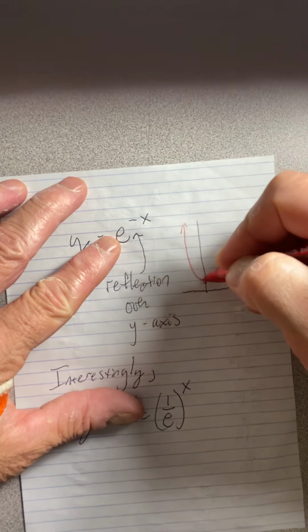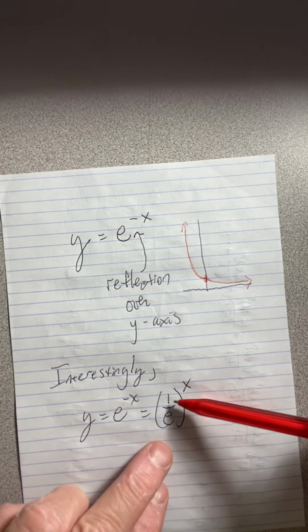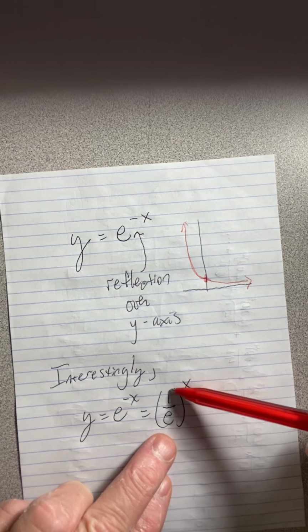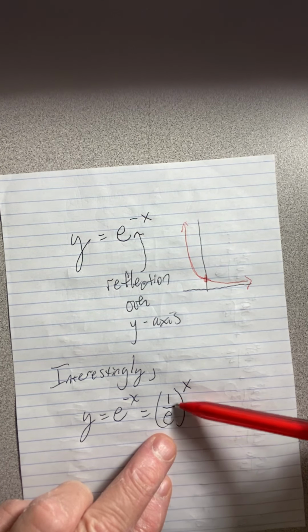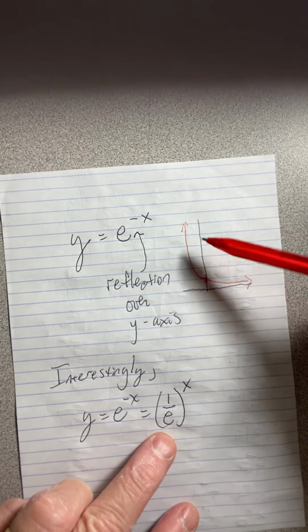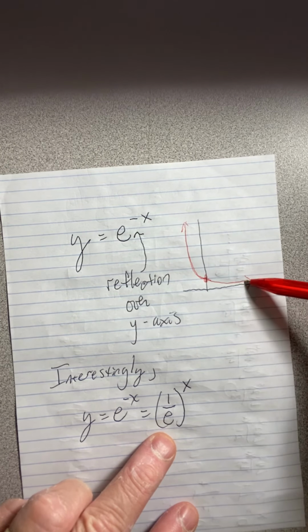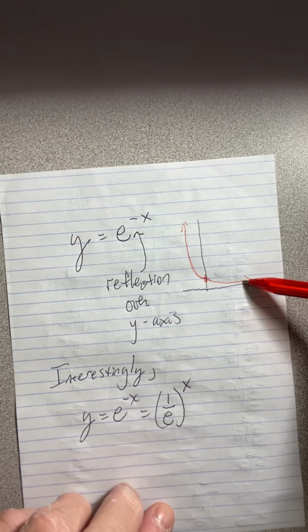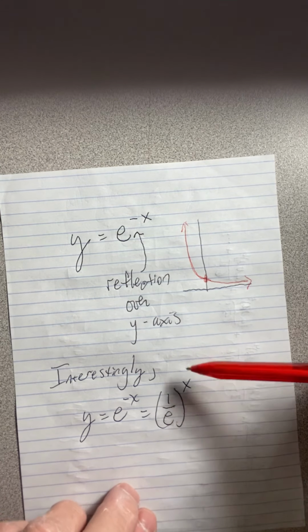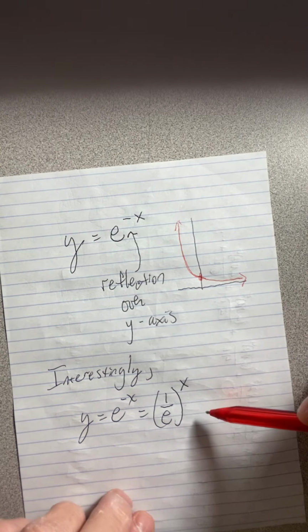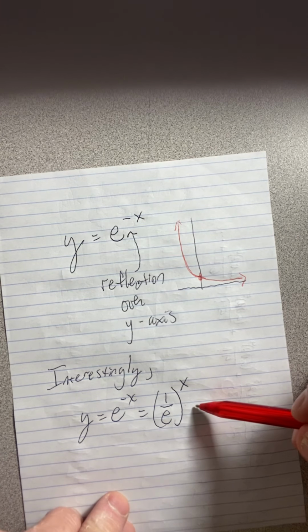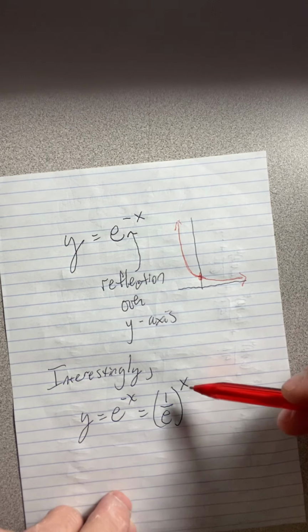Now, interestingly, though, this negative means you can flip the base and make the exponent positive. So this tells us whenever the base is a proper fraction, in other words, the denominator is larger than the numerator, then the graph is a decreasing function. And in that case, we call it exponential decay instead of exponential growth. And in fact, your project this weekend deals with exponential decay.